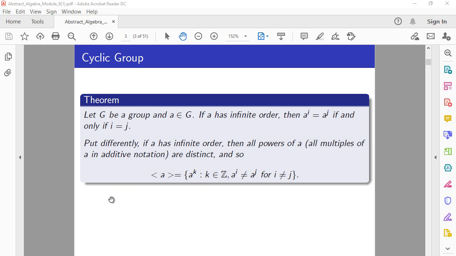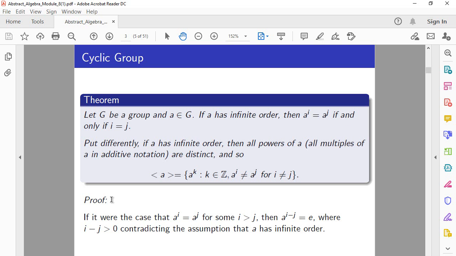Let's try to prove this. If it were the case that A to the I and A to the j are equal for some I greater than j, that is, if it were the case that A to the I is equal to A to the j for some I and j that are not equal, then I can assume that one of them is bigger than the other.